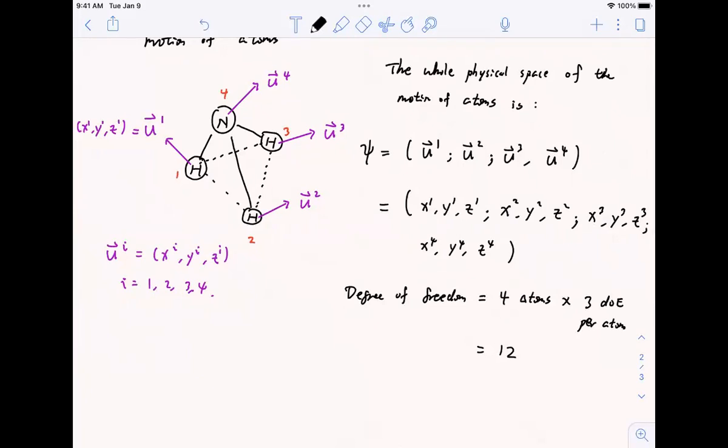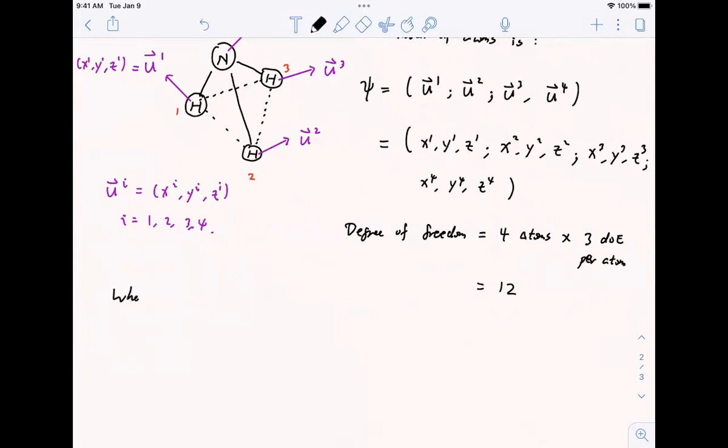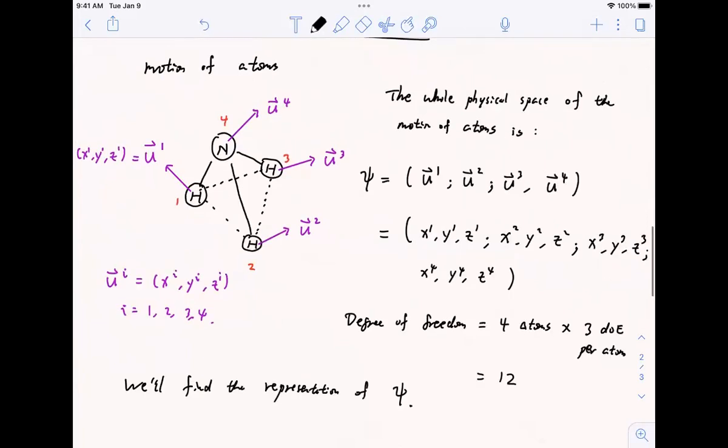Okay, so we want to find the representation of phi. You can treat this as an object, basically this structure. For each atom, you have a vector attached to it, and they form a certain space.